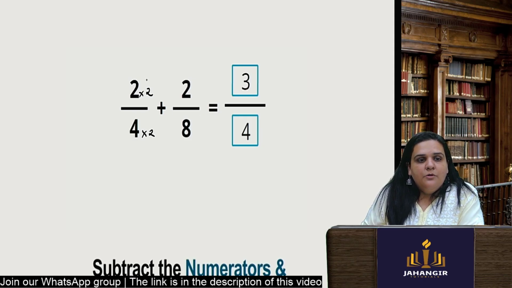If you want to, you can do this as, see this. 2 ones are 2. 2 fours are 8. So it became a similar fraction, a like fraction. Now simply add. 2 plus 1, 3, divided by 4. So it will be 3 upon 4.